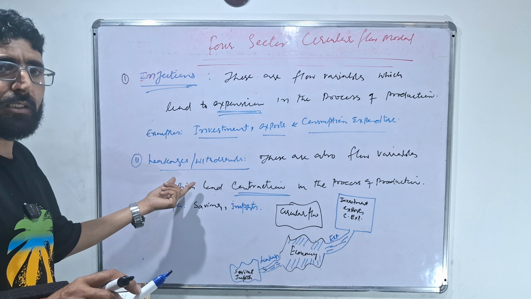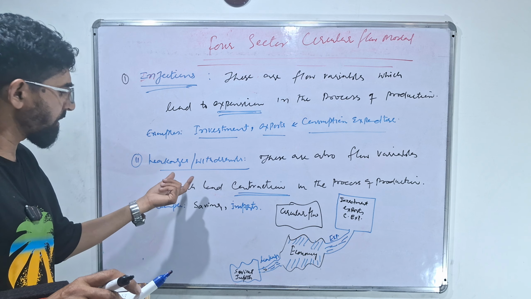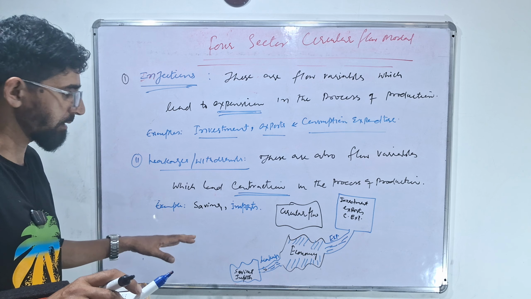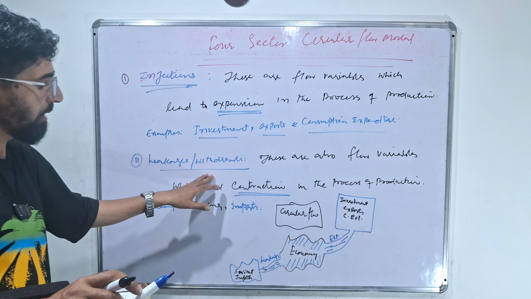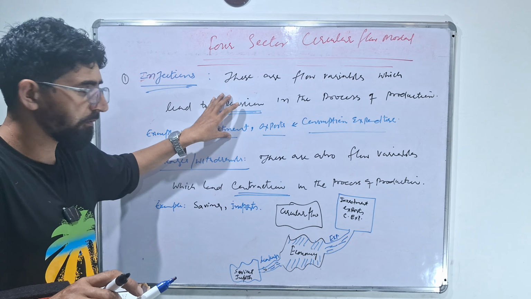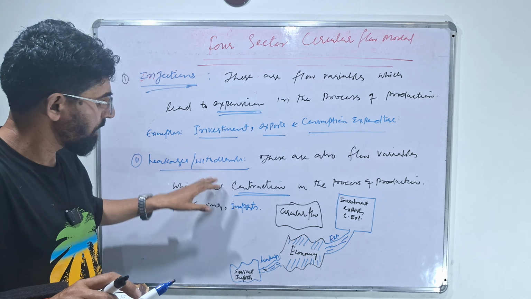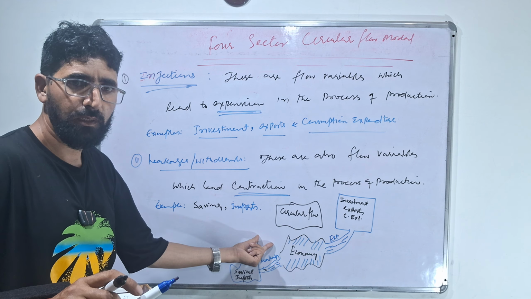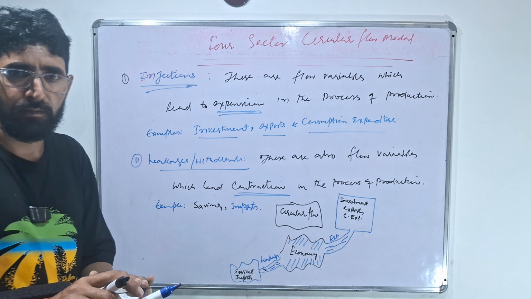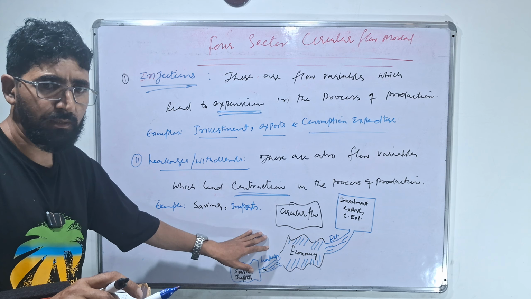Leakage or withdrawals lead to decline in the economy, in production and in the service sector. You have to first write a statement of what we call injections, then withdrawals, then show this with a graphical representation so that you get exact marks.